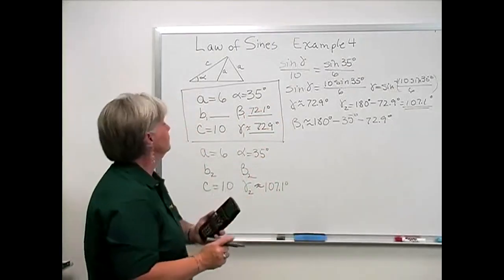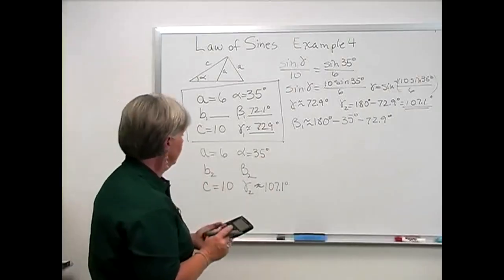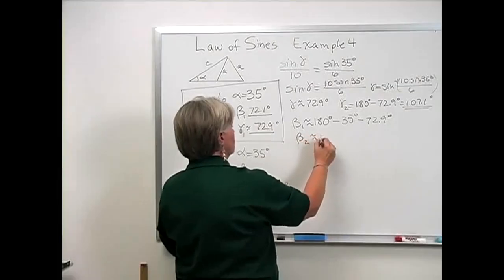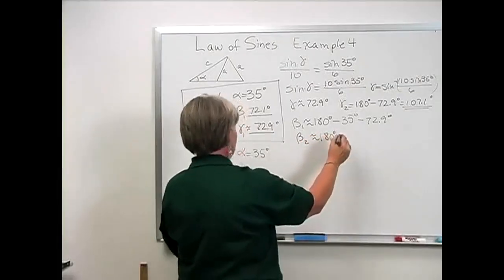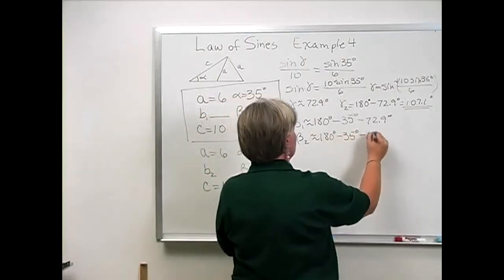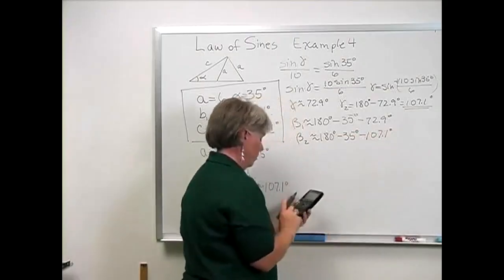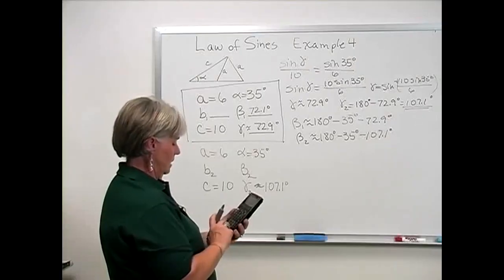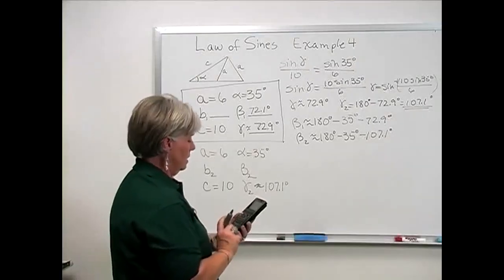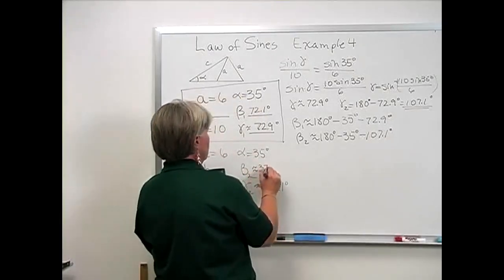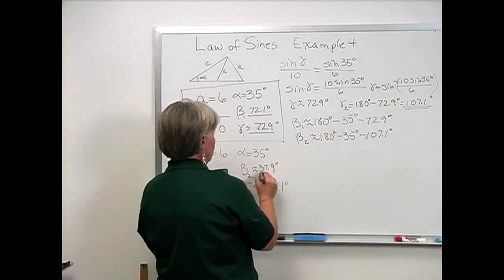They're kind of close, and we'll talk about what happens there in a minute. And so then beta 2 is approximately 180 degrees minus 35 degrees minus 107.1 degrees. And let's see what that is. That's 37.9 degrees.